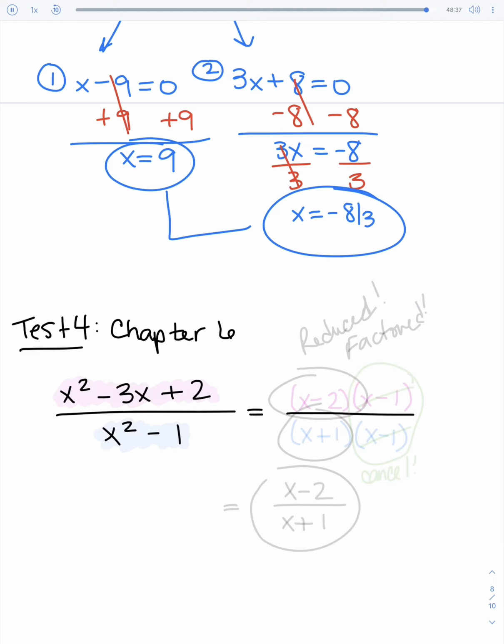So you'll have to know how to do this right off the top of your head. On the top one, you'll say, oh, I need to do the AC method, and once you're done, you'll come up with x minus 2 times x minus 1. Then on the bottom, you'll have to do a whole other set of factoring. You'll look at x squared minus 1, which is a difference of two squares, and factor that as x plus 1 and x minus 1.